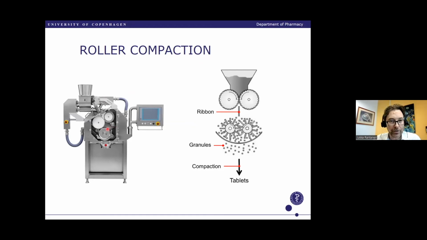So roller compaction is a process where we are feeding the powder here and compacting it with these counter-rotating rolls here, and then we are making something called ribbon, and that looks like a piece of paper made out of excipients and API, which you then push through this sieve, and then you can get the granules, which you then compact. So this is by nature a continuous process, and then you can imagine that it would be useful to measure powder properties from this ribbon and from these granules and finally from tablets, so that you can get an idea of the quality of these tablets.